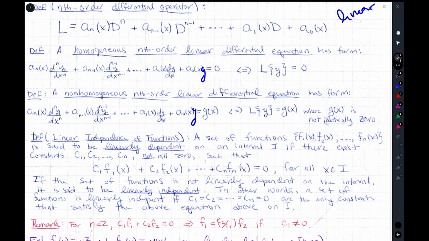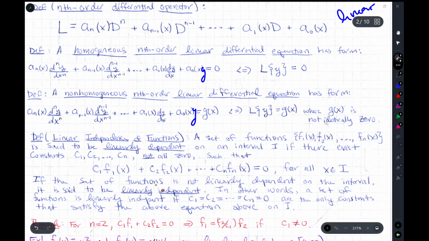All that means is that you would be able to write one of these functions as constant multiples of the other ones. If not all of these are 0, then you could move some of them to the other side, and you'll be able to write one of the functions in terms of the constant multiples and sums of the other ones, and that's what we want to avoid if we're thinking about linear independence.